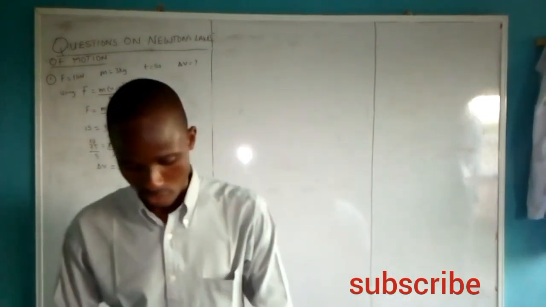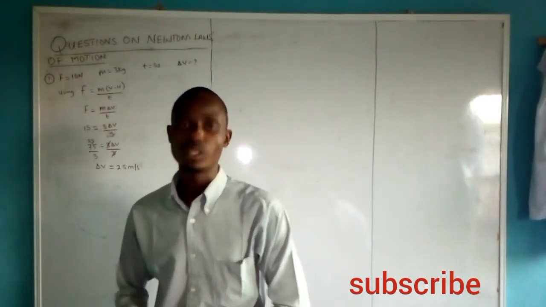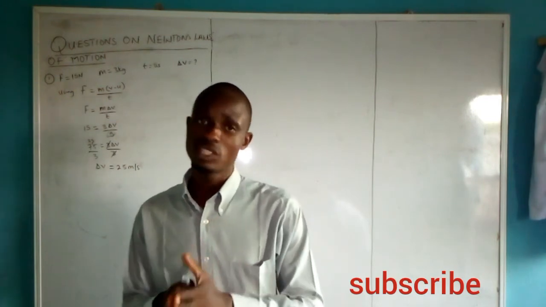So let's look at another question that says, a stationary object. When they say a stationary object, have it in mind that the initial velocity is equal to 0.